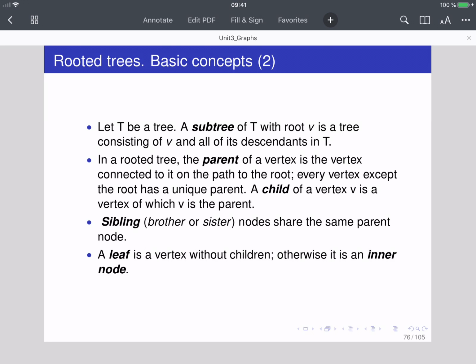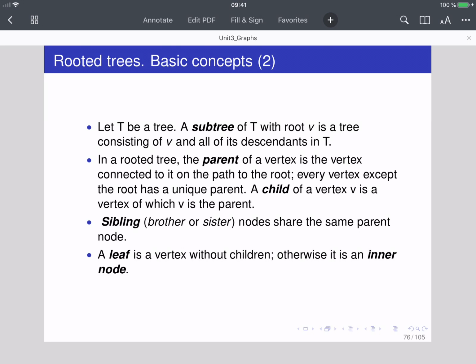Parents are the ancestors that are exactly connected with an edge to the element. So they are the closest proper ancestors. And the children are the elements that have the other vertex as a parent. A sibling, a brother or sister, is a node that shares a parent with another node.